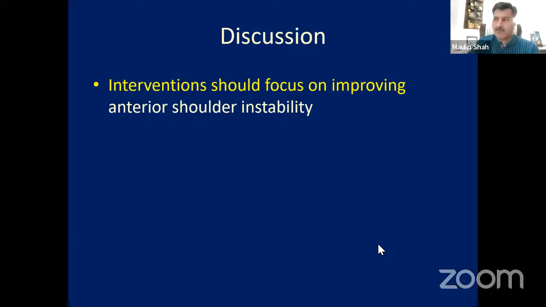We do anterior capsular release, we do tendon transfer behind so that the posteriorly subluxed humeral head sits back in. But now to improve elevation in this cohort, we should do interventions to improve anterior shoulder stability. We have to correct the anterior subluxation.